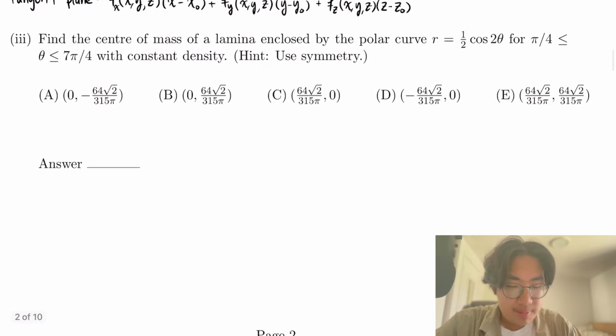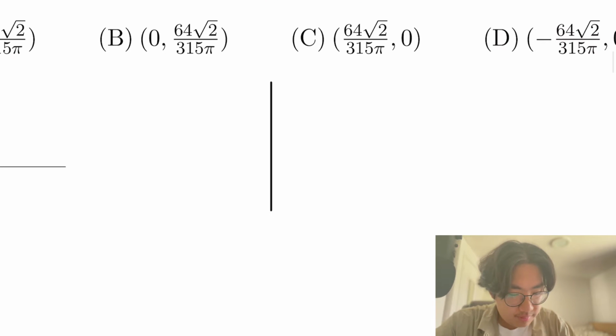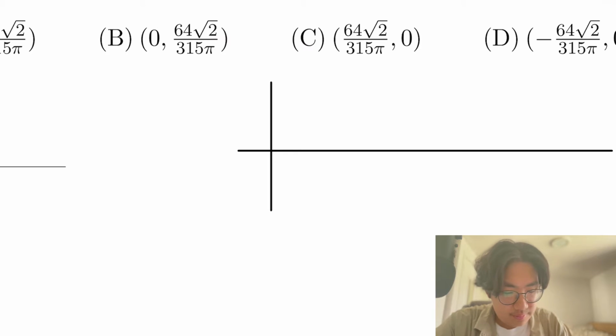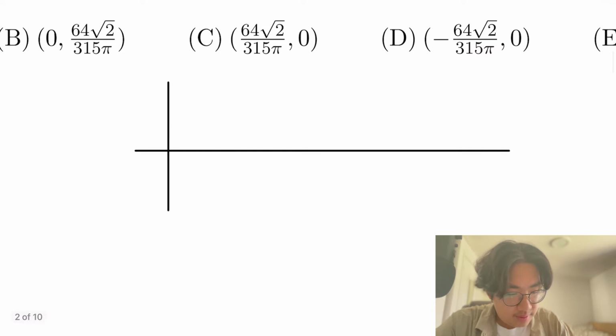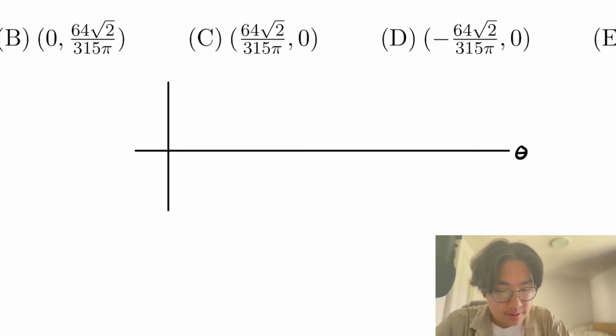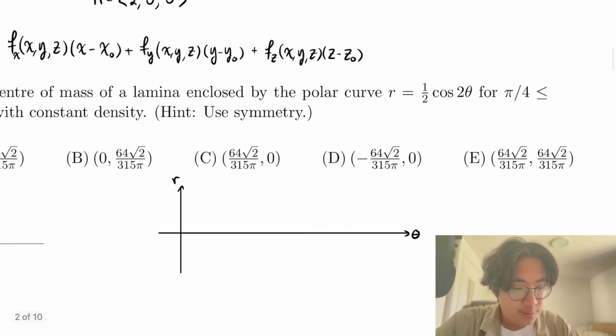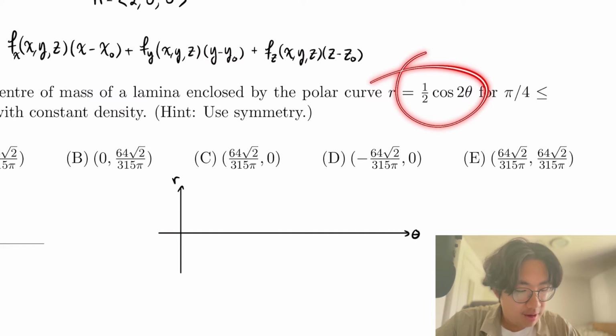In this case, your best bet is to sketch first. So what that looks like is this. Hopefully that's enough room. So here you have, again, theta, and here you have r. This is where high school math comes in clutch, being able to graph this.